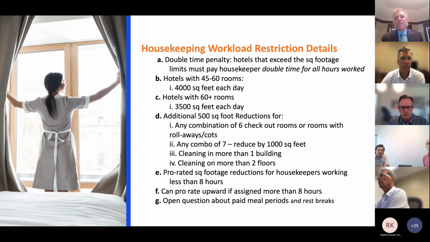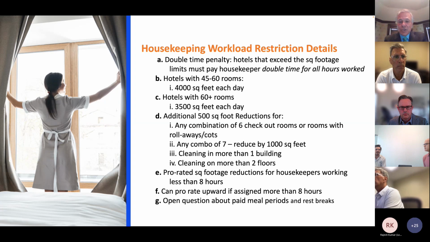For hotels of 45 to 60 rooms, the square footage limit is 4,000 square feet per day for a full 8 hours of work. For hotels with 60 or more rooms, the square footage limit is 3,500 square feet a day.